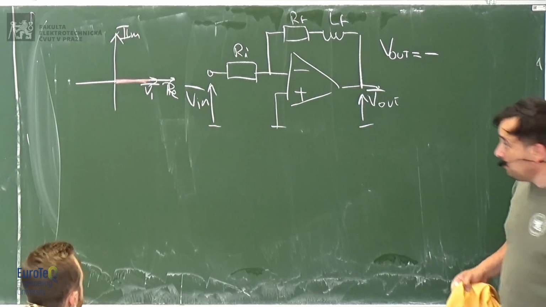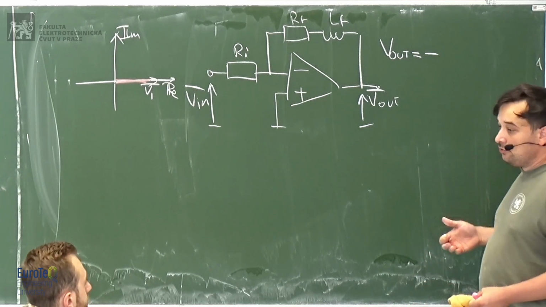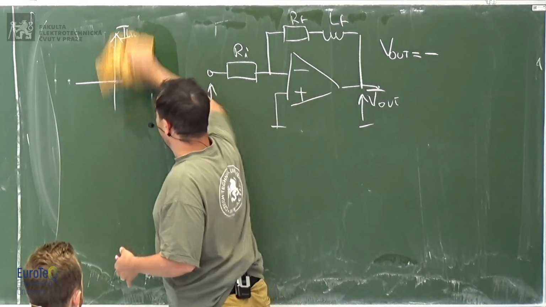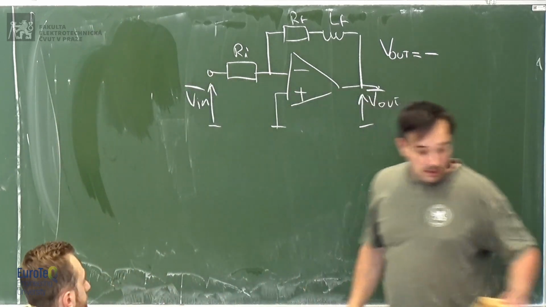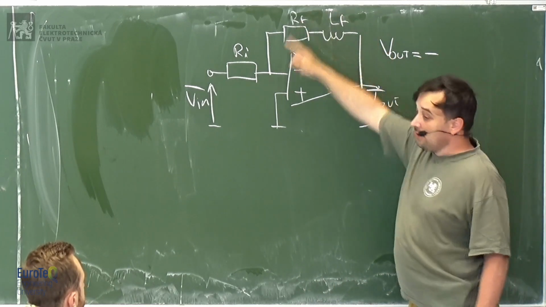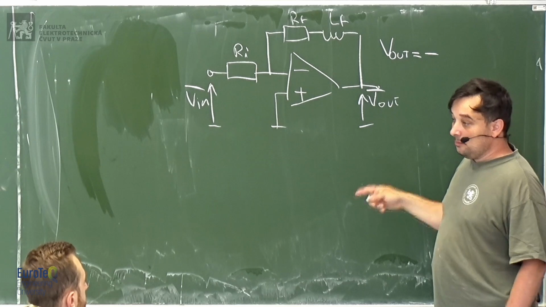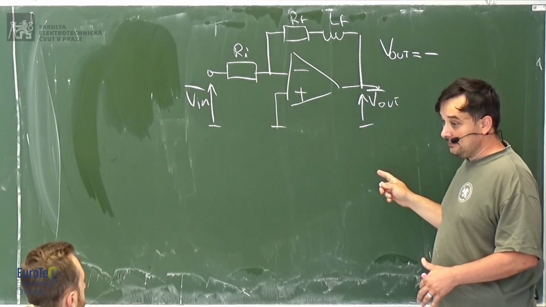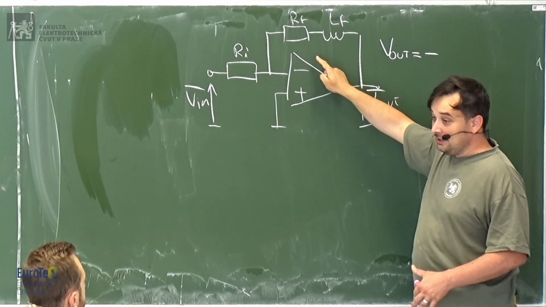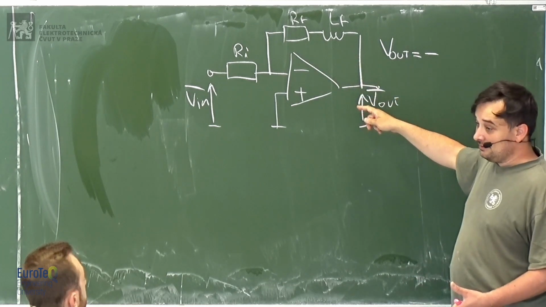Now you can make all the calculations you used to do before, like you used to do with phasors, with the operational amplifier. V out is, in this case, what you have in the feedback, but for an AC signal. So instead of putting the resistance, you put the impedance.